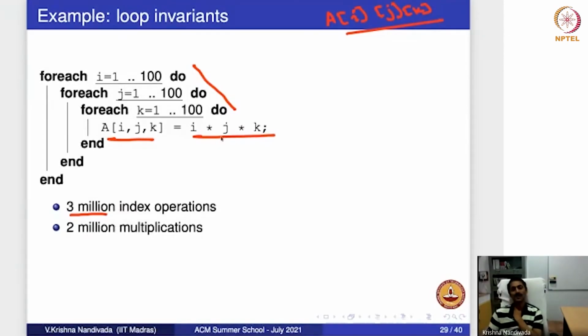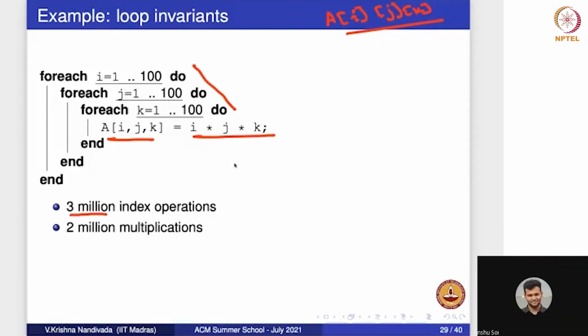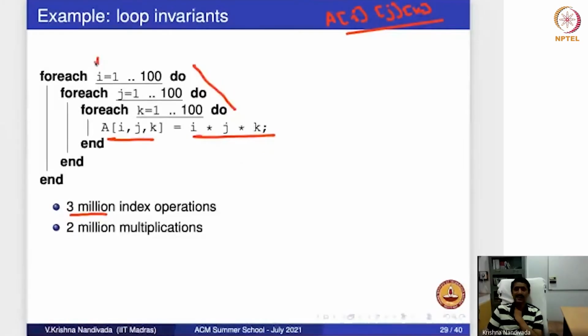Are there any loop invariant codes here? Or rather loop invariant expressions here? I and J are invariant for the K loop. Just the variable I is not interesting. However, I and J are invariant, yes. But we are looking for an expression, not just a variable.